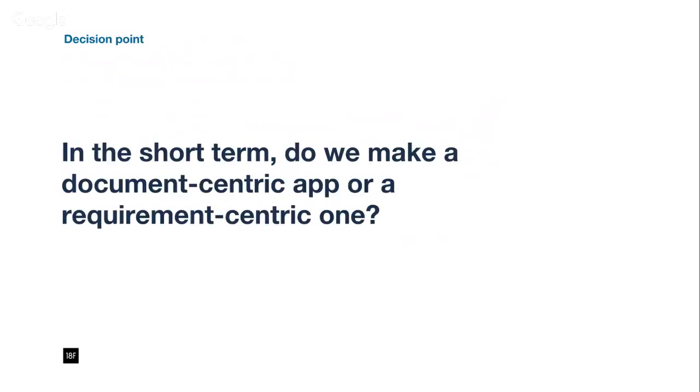If we go with the requirement-centric one, we might, in the search results, change the way that information is presented so that it's a little more clear that those are requirements and bits of documents, but still not go all the way to having each search result be a document itself. So that's one of the questions that we would like to discuss in the discussion phase next.